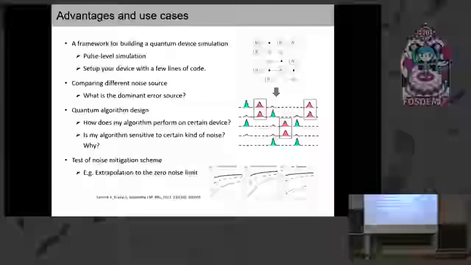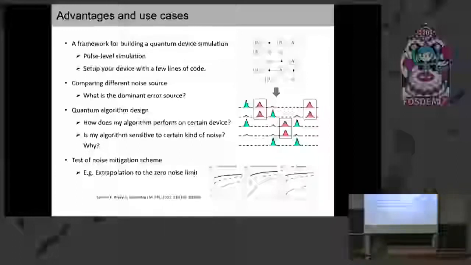There are a lot of potential use cases for this. For example, because we are now running a simulation, you can turn noise on and off. It means that I can compare the influence of different kinds of noise. In this way, you can determine, or at least study and get an intuition for, what is actually the dominant noise in my system.